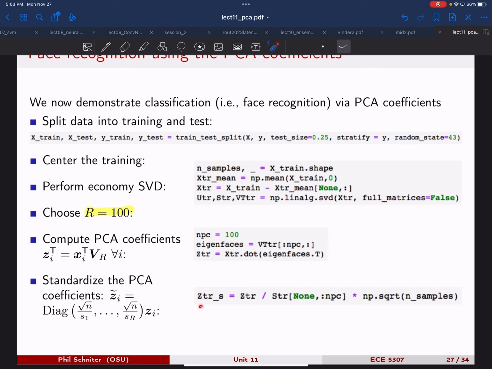Then standardization is quite easy. S is going to be the singular values. So here we're just taking the first 100 singular values, dividing Z by those, and then multiplying by square root times the number of samples to get our standardized coefficients. So now our Z's are standardized. We can safely do feature selection and all that sort of stuff.